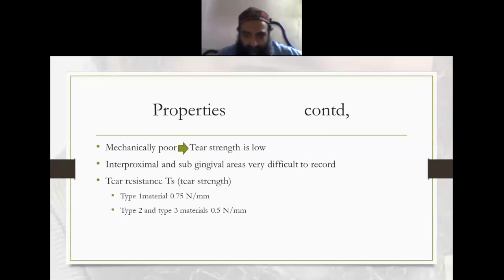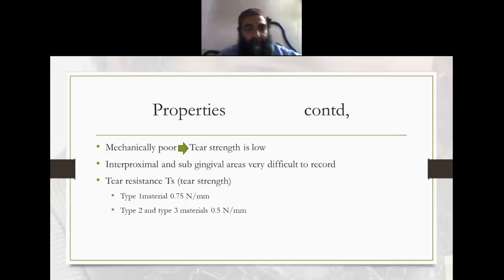Mechanically, it is poor. It's obvious that a sol or a gel cannot provide you a mechanically sound property.